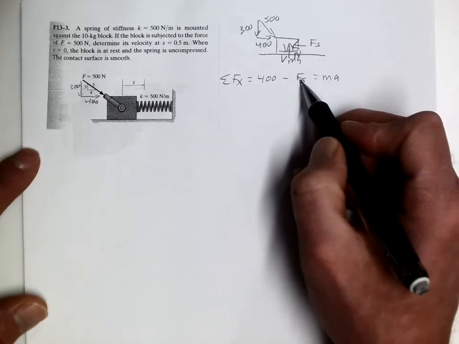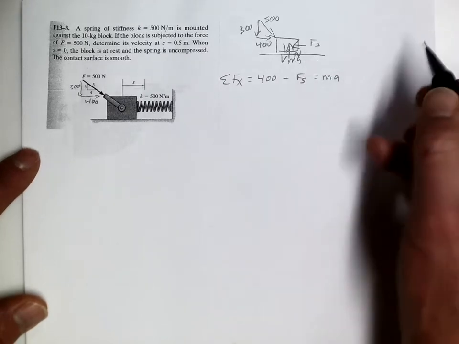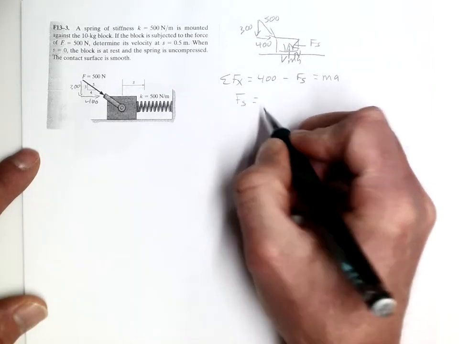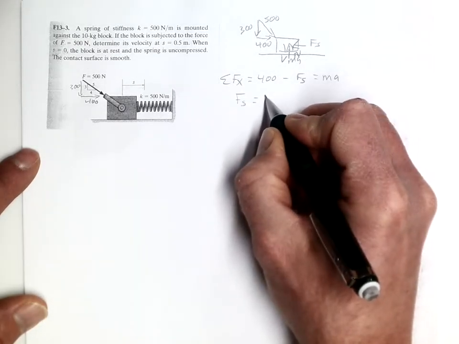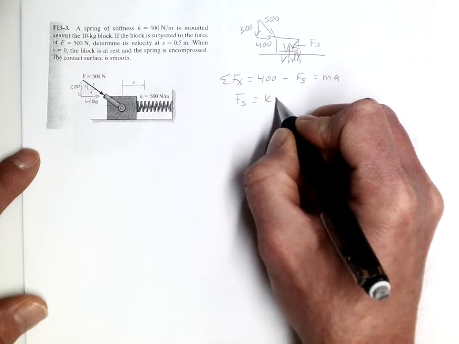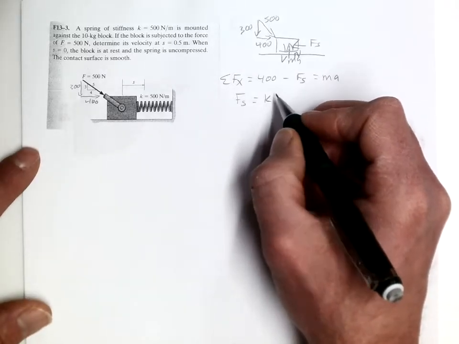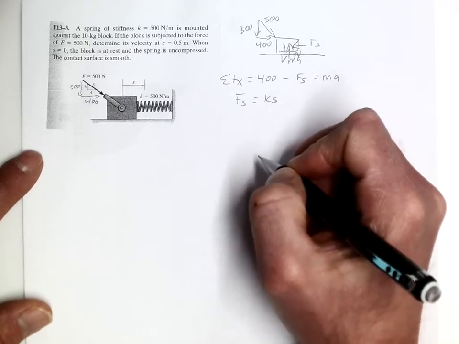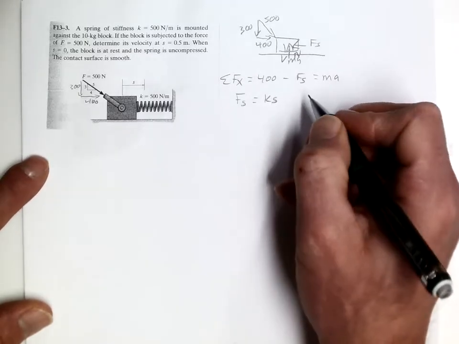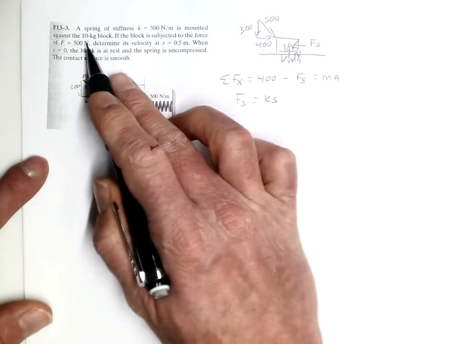The force of the spring is equal to the spring constant times the compression, and let's call that s, so Fs equals ks, and m is equal to 10.